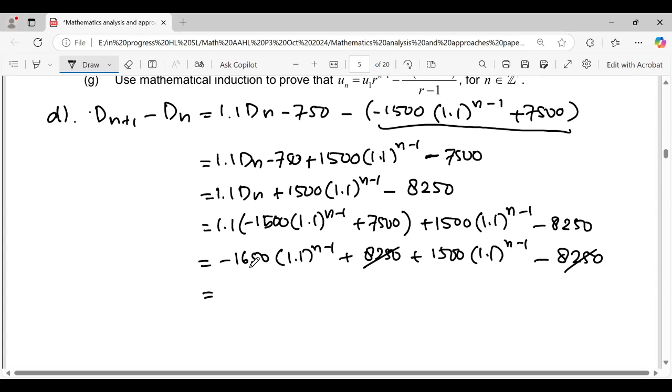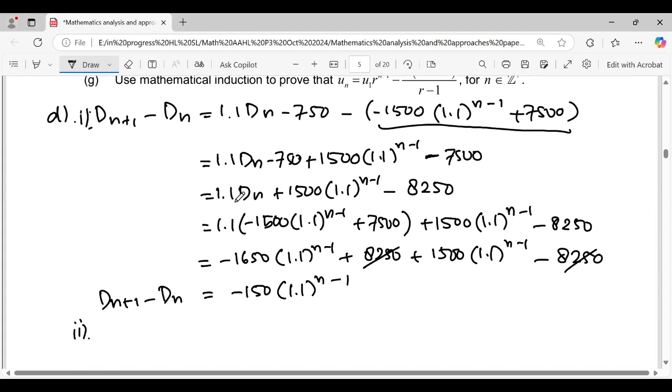Now minus 1,650 plus 1,500 equals minus 150 times 1.1 to the power n minus 1. So this is Tn plus 1 minus Tn. Part 1.